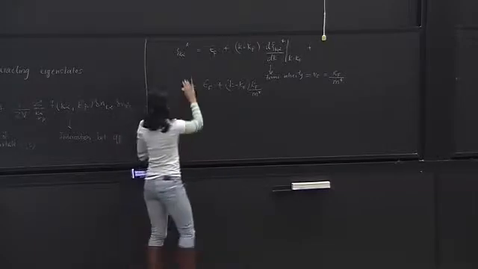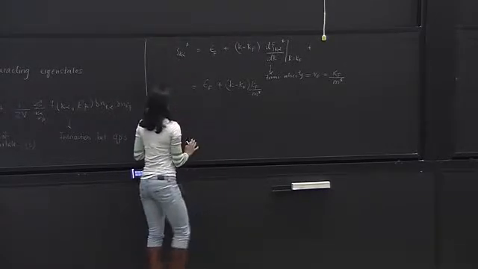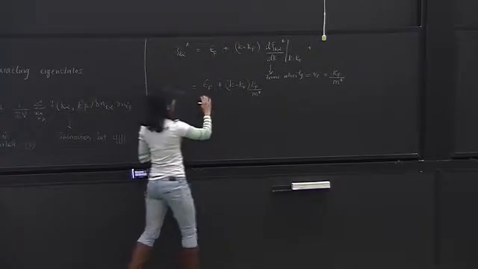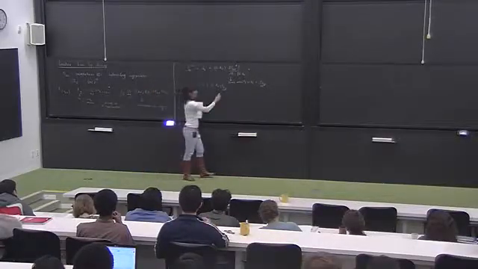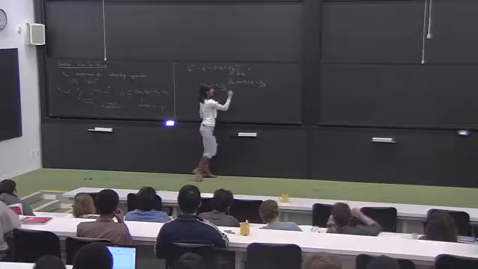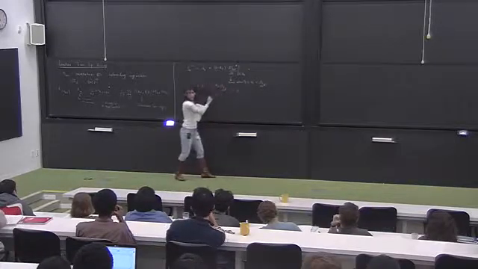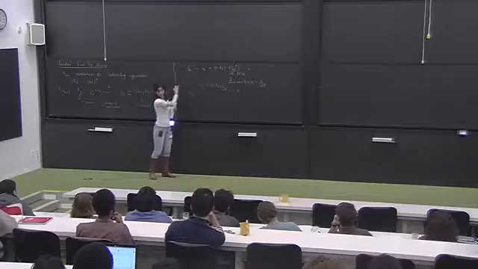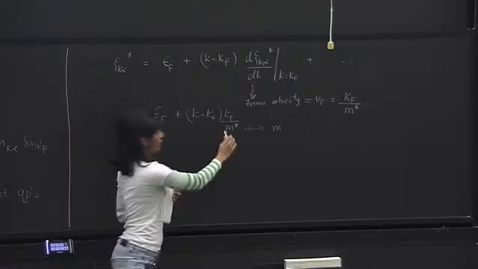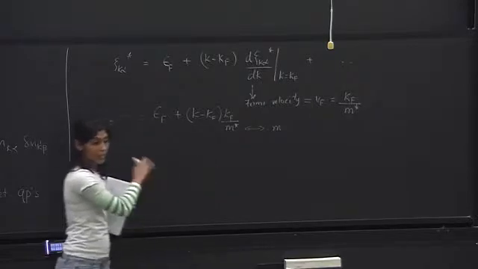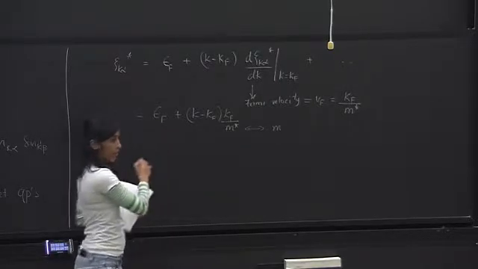And then you see that the energy of a quasi-particle looks just like the energy of a particle in the non-interacting problem, as long as m star is replaced with m. Right? So everyone sees that. We've written it in the same way as if it was a non-interacting problem. The only difference is there's a new mass called the effective mass.